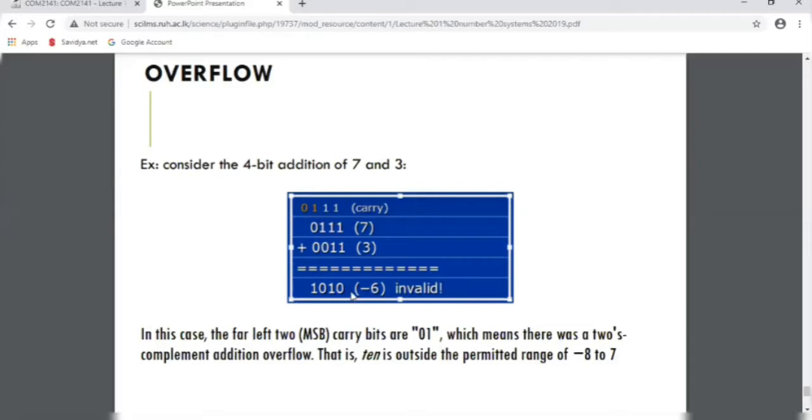This is mainly because when 7 is added to 3, in the decimal number system it is 10. 10 is outside the permitted range of -8 to positive 7 with this given length of the number. Because of that, we can't represent this number in its complement form. It's an overflow, and we get the incorrect answer.